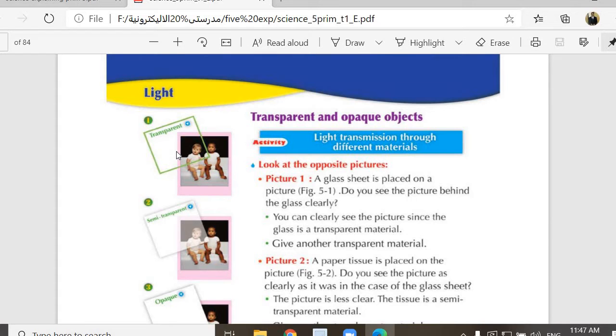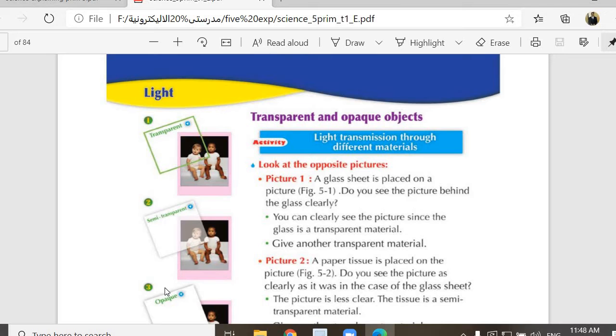So if we divide the materials according to the transmitting of light, they are divided into three kinds: transparent materials, semi-transparent materials, and opaque materials.